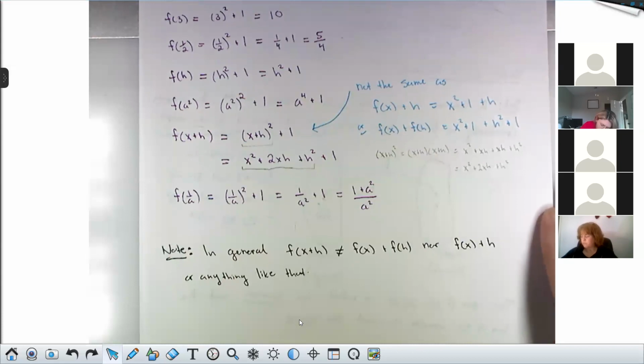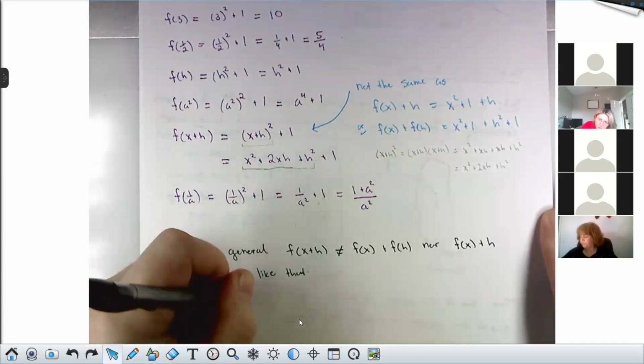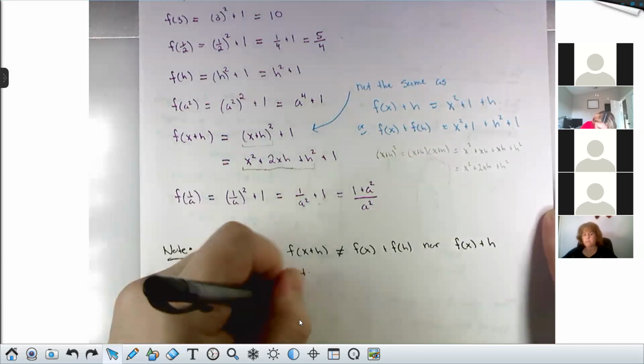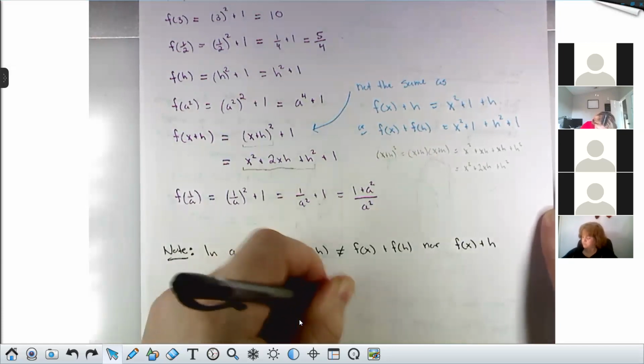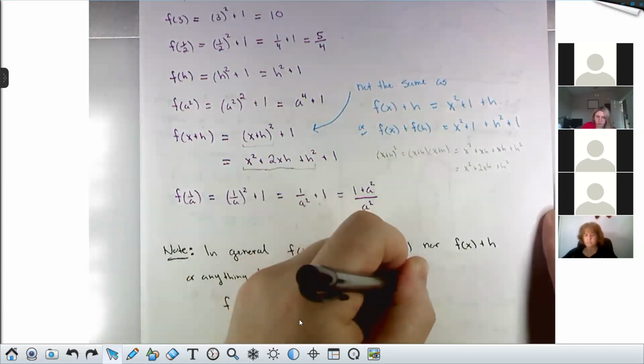I know it might seem like I'm being a bit redundant with this, but I really want to make clear f of anything in this case would be that anything squared plus 1, or whatever your formula gives you.